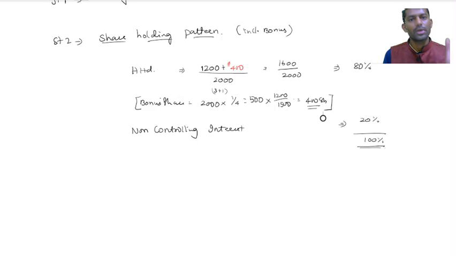Out of 1,500, 1,200 shares are held by H Limited, which is 80%. Because of the bonus issue, the percentage of holding will not change, only the number. Got it?